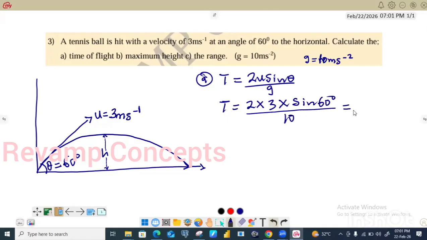And what would that give to us if you press that on your calculator? What do you have for that? The answer should be 0.52 seconds.